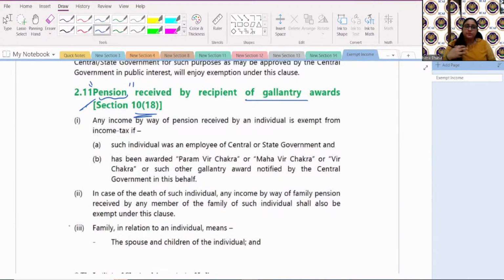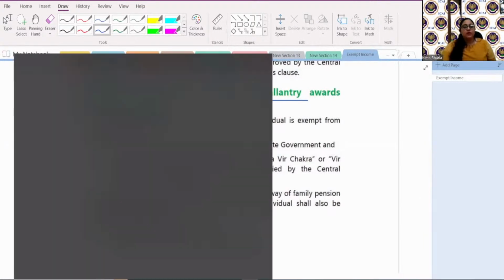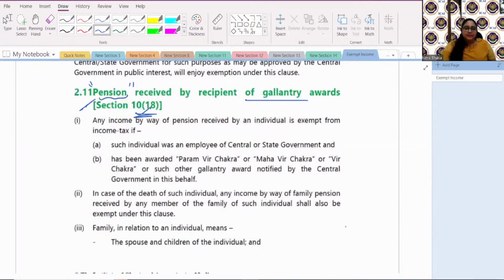That pension is not taxable because you have shown exemplary courage on the field. Hence, the pension, which is, it is for the services rendered in India, it is accrued in India, it is taxable, but it is exempted because of the provisions of section 10. Clear? And in case the person who is the awardee of Paramveer Chakra, Mahavir Chakra, or Veer Chakra is deceased, then the family member receives the pension, and the family member who's receiving the pension would also, that pension would also be exempt in the hands of those family member.